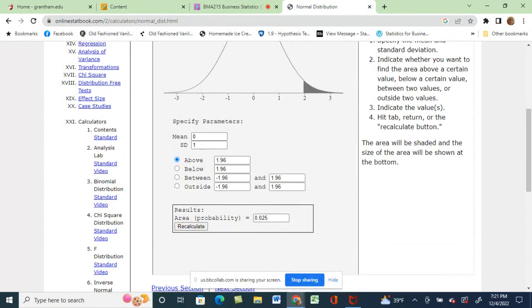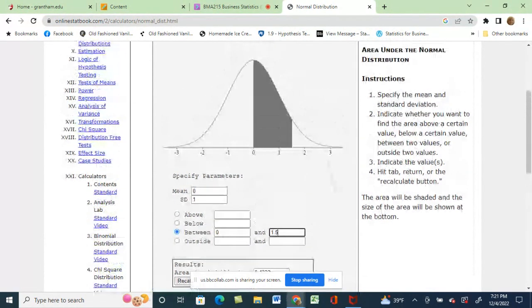Okay. So here in this problem in number 5, I want between. You see it has between two values. I'm just going to clear everything out. You don't have to, but it makes it easier to see. So I want it between 0 and the z-score 1.5, and all you do is press enter and look at your picture.